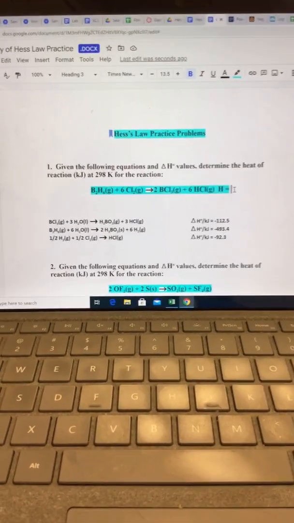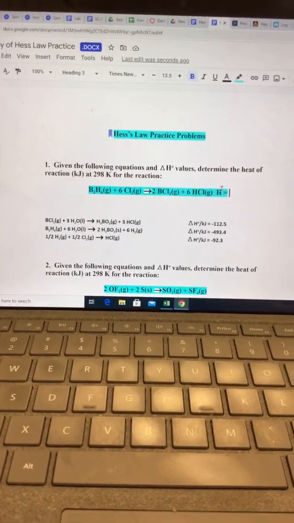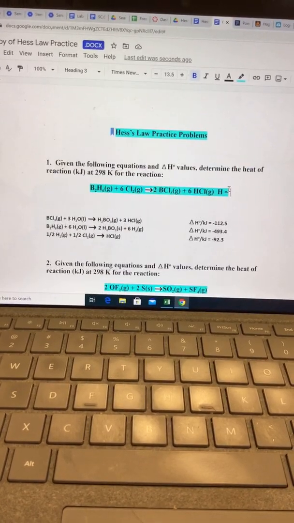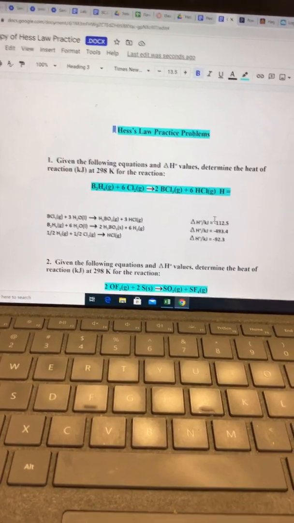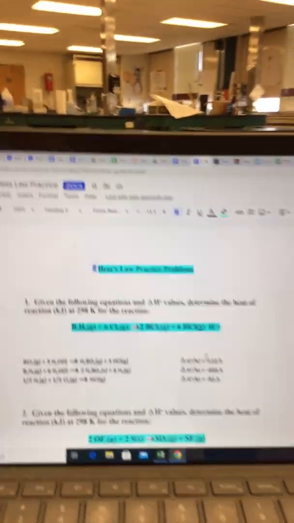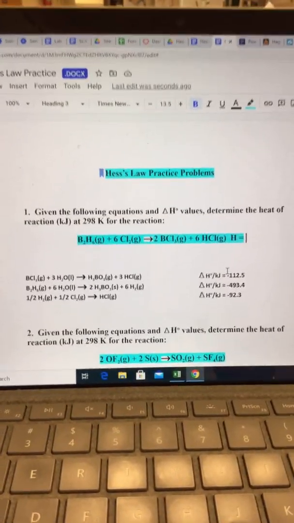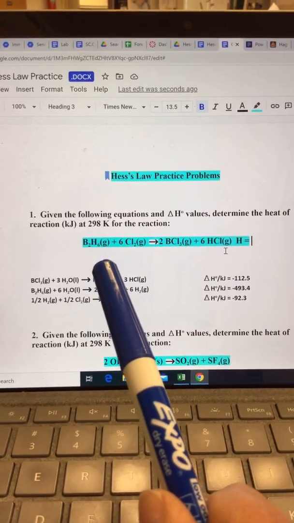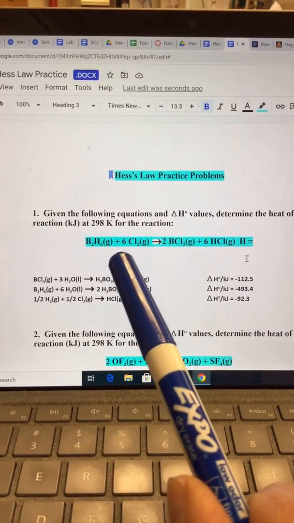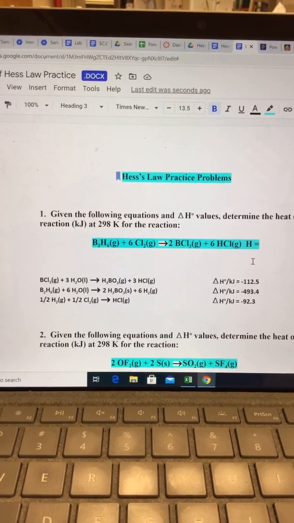So I gave you a lesson yesterday on how you're going to solve Hess's Law problems. So we said the 3 things that we're going to do to solve a Hess's Law problem are, number 1, you're going to look at the summative equation. This is my summative equation that's highlighted in blue, the B2H6 plus 6Cl2.